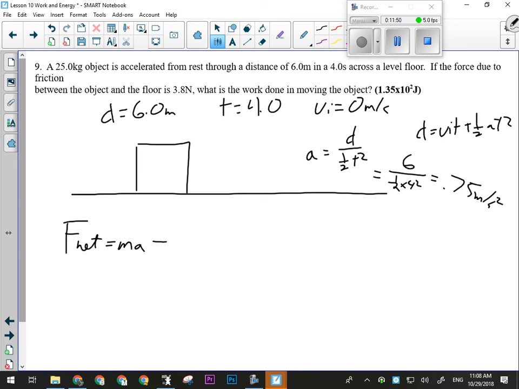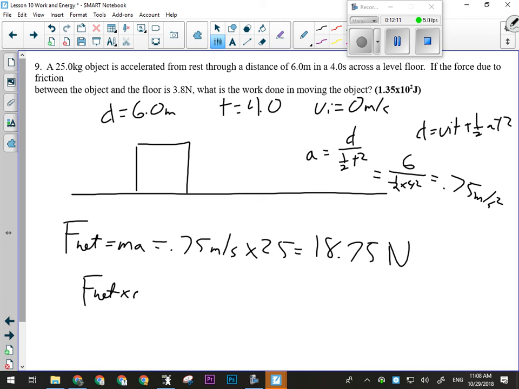Now I'm going to calculate my net force: 0.75 meters per second squared times 25, which is 18.75 newtons. That's my net force. I can calculate the work done in changing the kinetic energy by going F net times d.